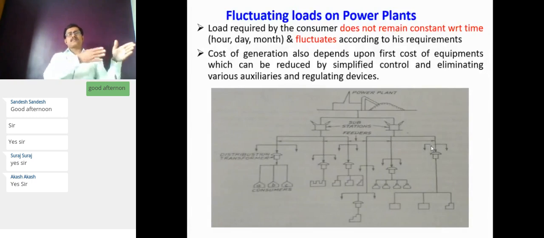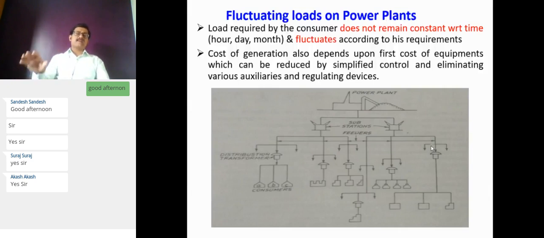Yesterday, say I was operating my washing machine, electrical geyser, and the air conditioner for some 5, 6, 7 hours. Not necessarily that today also I will operate all those equipments for the same duration of time. I may be using only a fan, or I may be using an electrical iron only today.